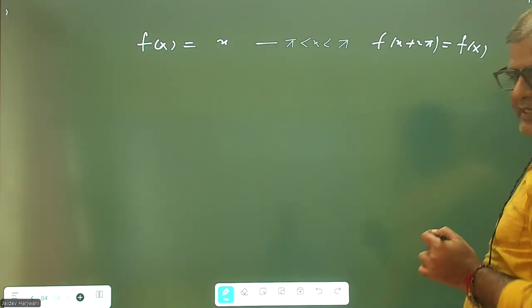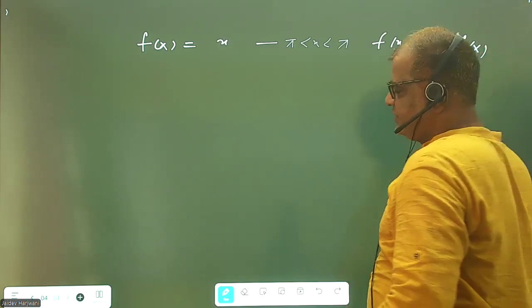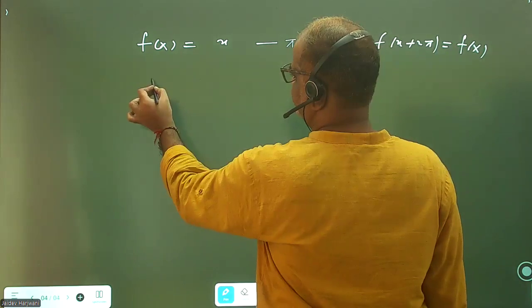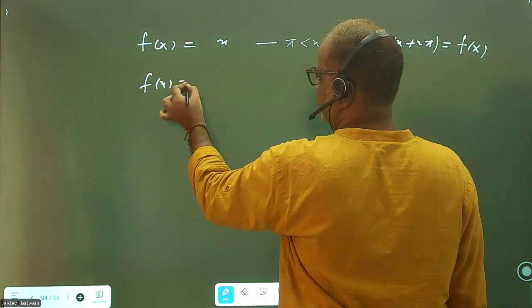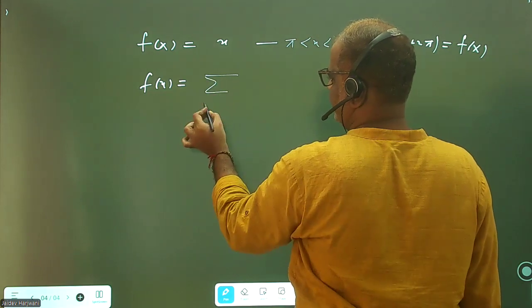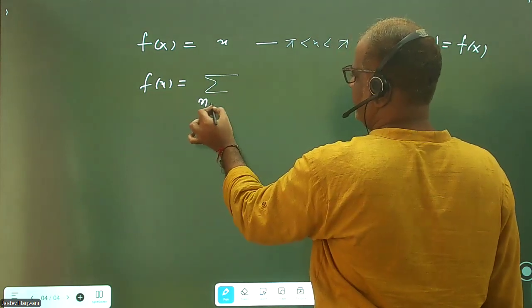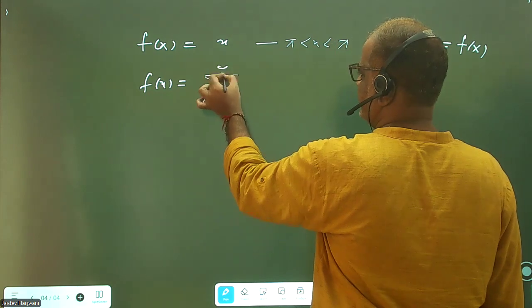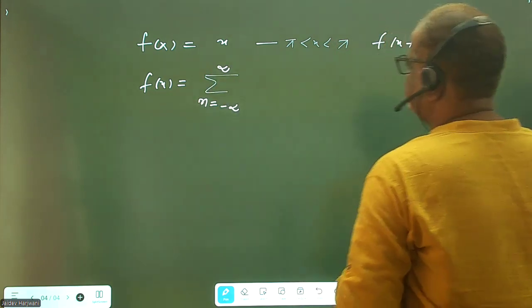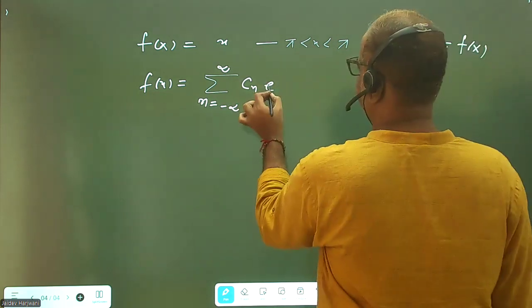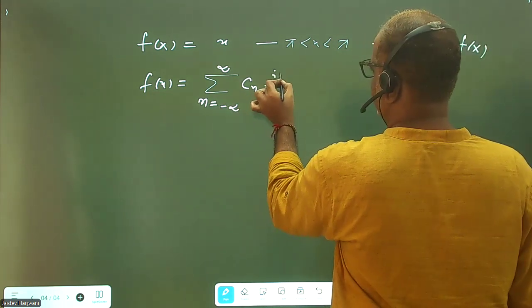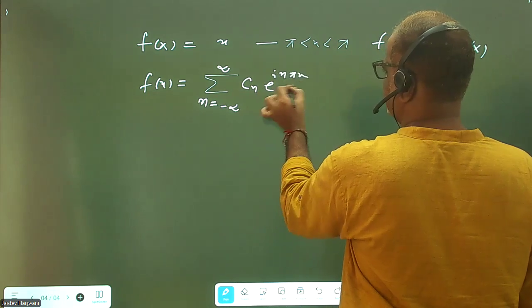And now I want to write the complex Fourier series. So the complex Fourier series for this function will be: f(x) equals the sum from n equal to minus infinity to infinity of Cn exponential iota n pi x upon L.